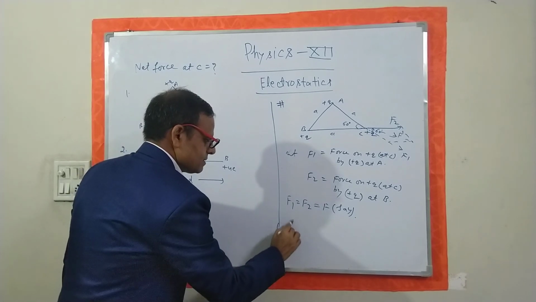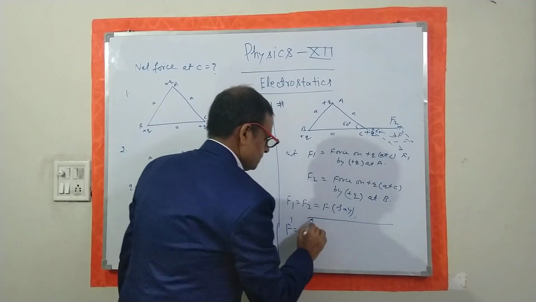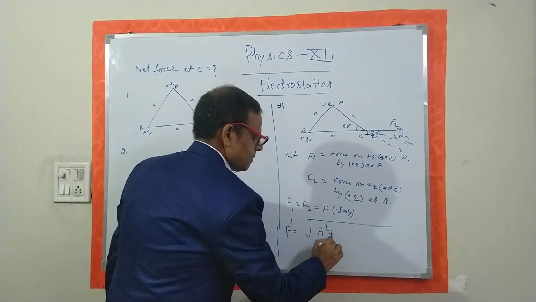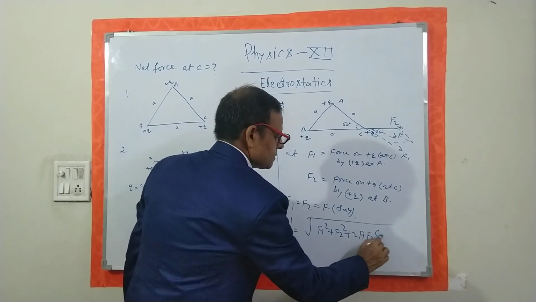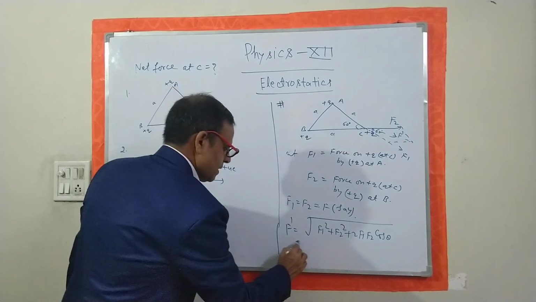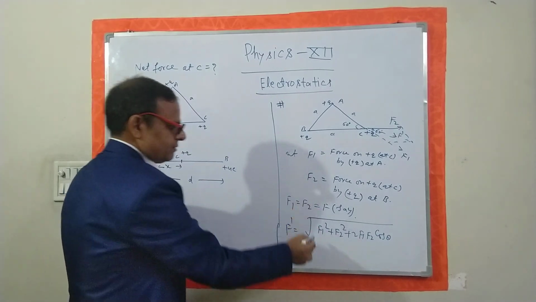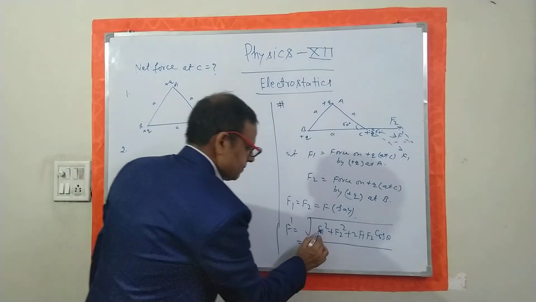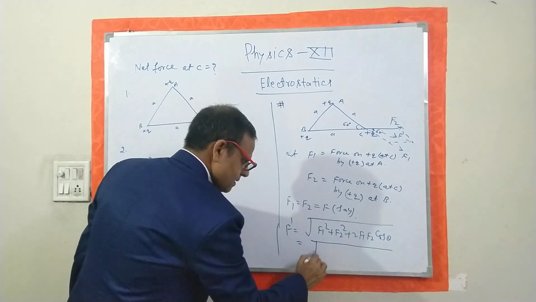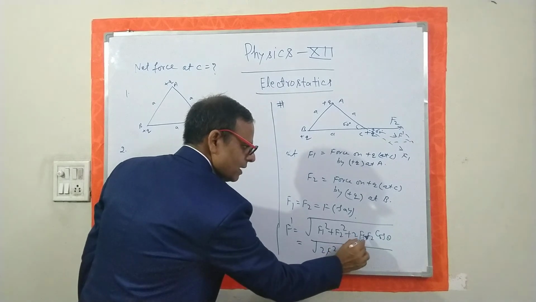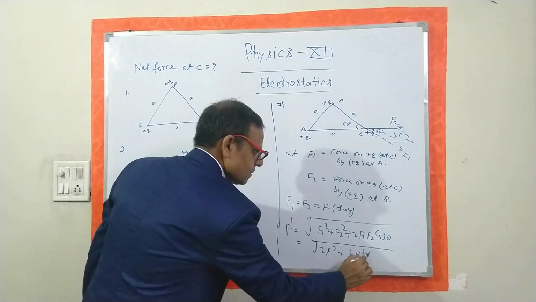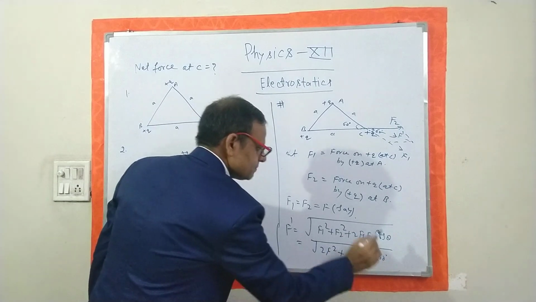So F dash, the resultant, will be equal to the square root of F1 square plus F2 square plus 2 F1 F2 cos theta. And since F1 equals F2 equals F, therefore F square plus F square is 2F square, plus 2F square cos 60 degree.